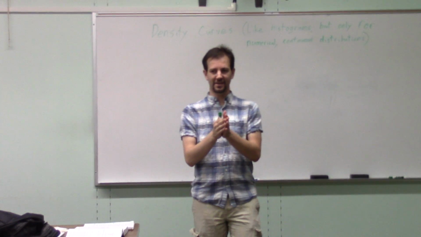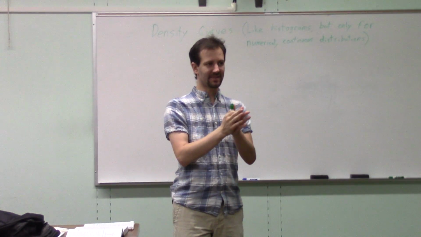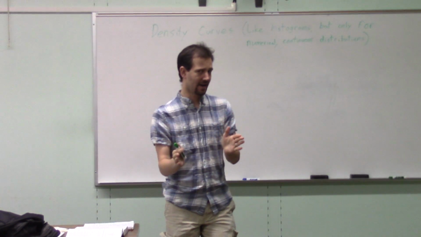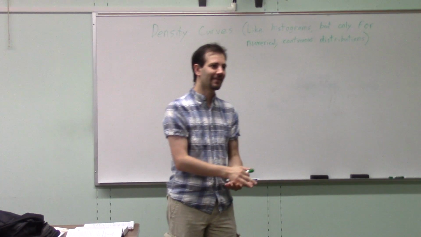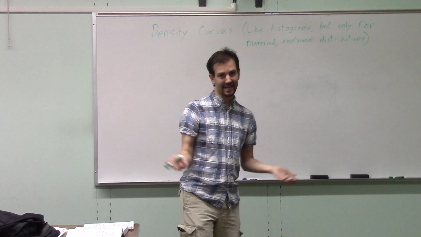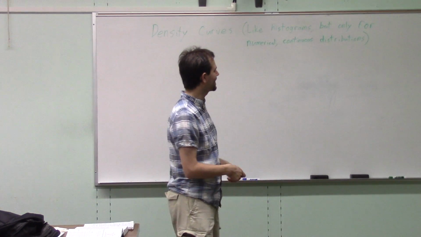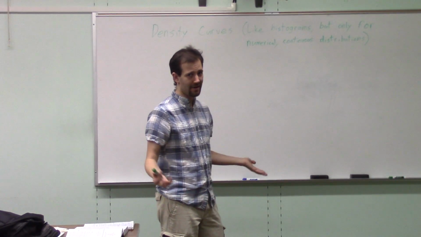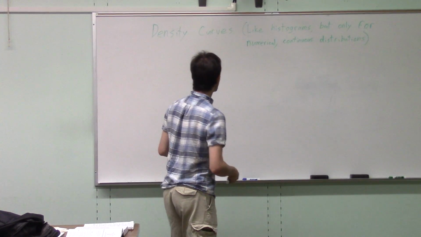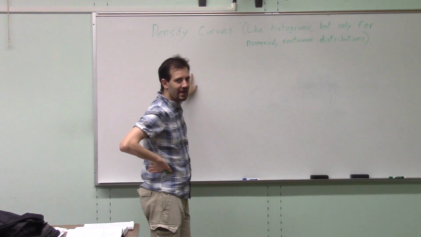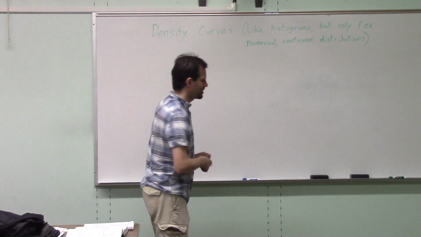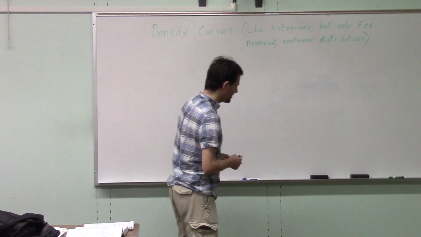Given that there's an infinite number of possible actual heights between 5'8" and 5'9", there's probably no one who is exactly 5'8", and if they're exactly 5'8" in one second, they're not exactly 5'8" the next second as they grow or lose hair or get a haircut. So density curves are a way of displaying these distributions, which are a lot more common than people generally think.